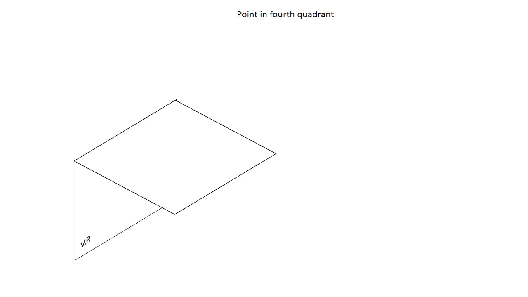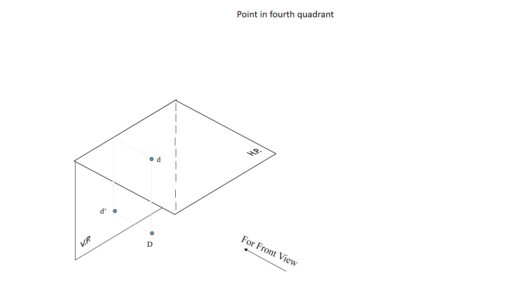Now we see what happens when the point is in the fourth quadrant, vertical plane, horizontal plane. This is the case of the fourth quadrant. Point D is in the fourth quadrant. If we want to draw its projections, they come in the vertical plane as D dash, and in the horizontal plane as D. As we know, we draw the front view from the front side, the observer is in that position.